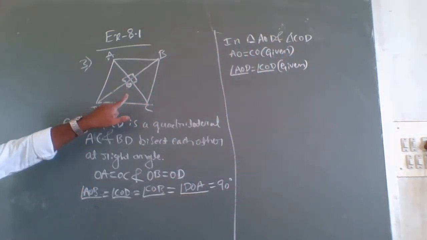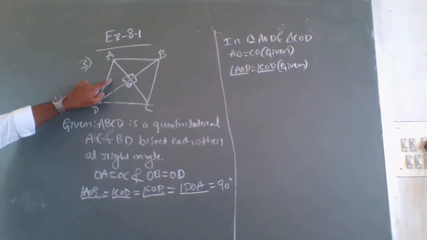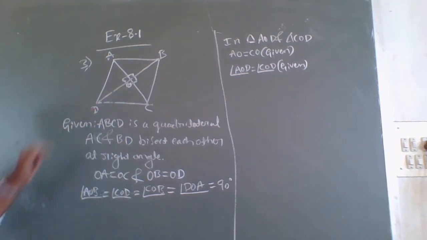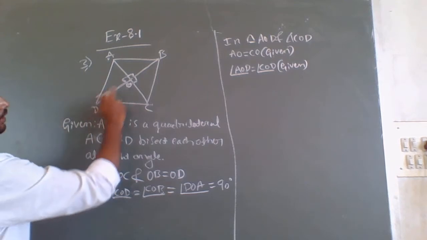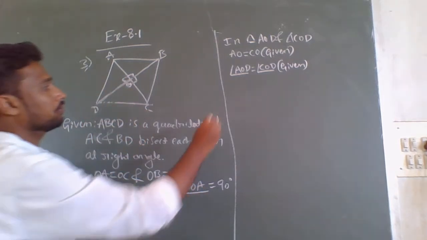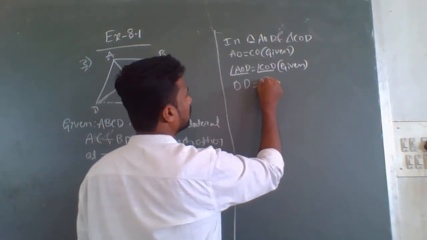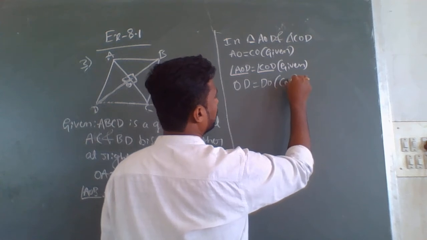Therefore all the angles are 90 degrees. In these two triangles, OD is the common side. In triangle AOD also the OD side is there, and in triangle COD there also OD is there. Therefore OD is common in both the triangles.